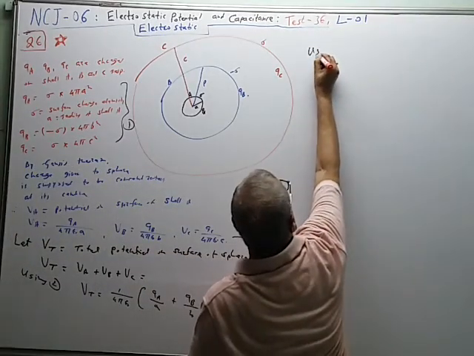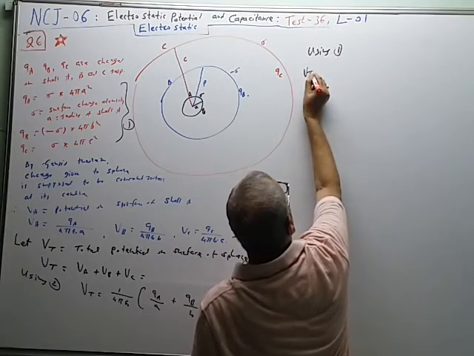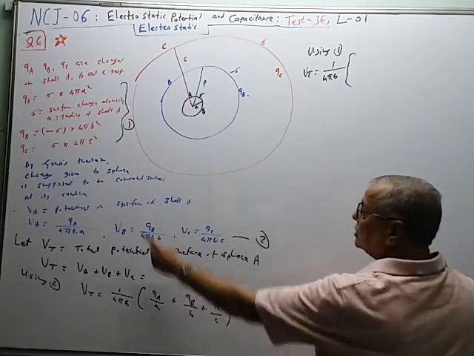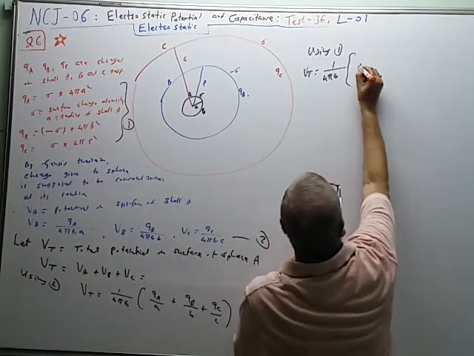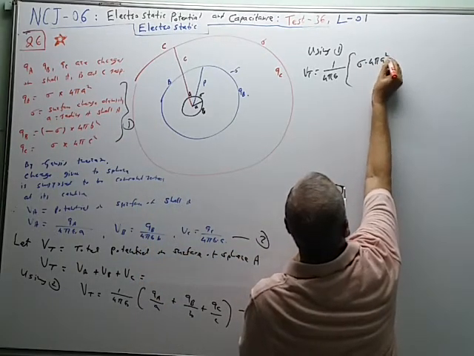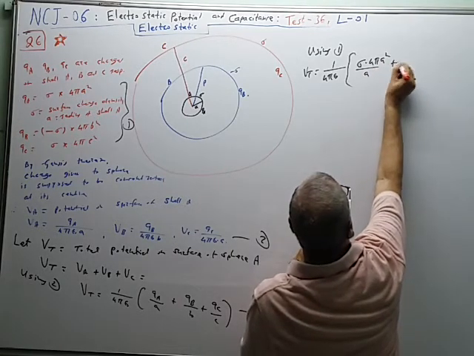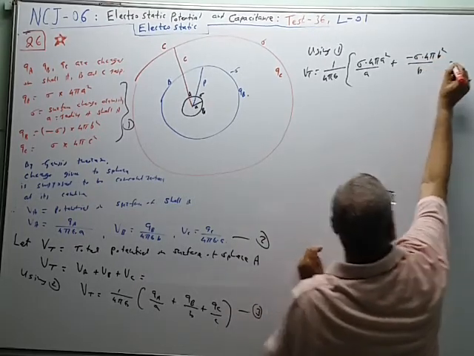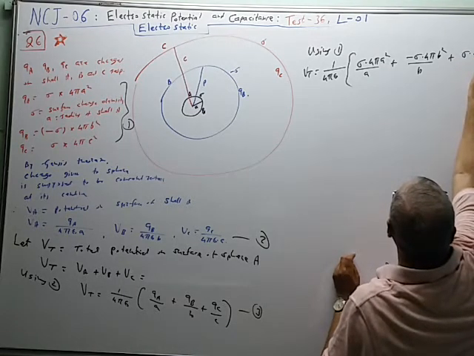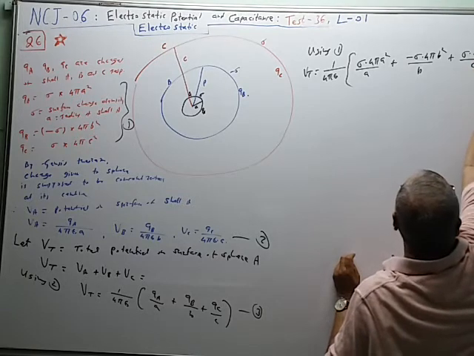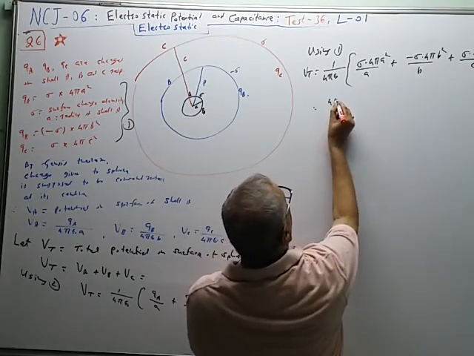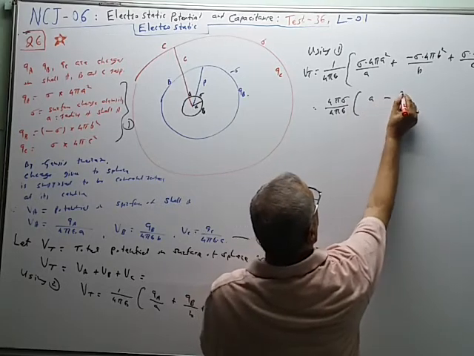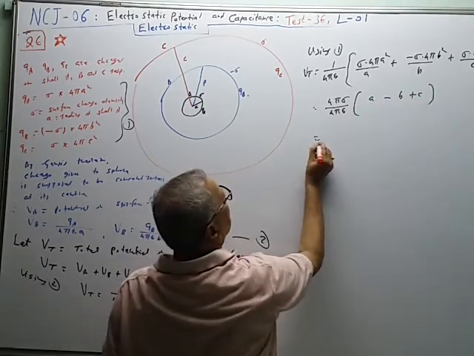Using 1, total potential Vt is equal to 1 upon 4 pi epsilon naught into bracket, sigma 4 pi A square upon A plus minus sigma 4 pi B square upon B plus sigma 4 pi C square upon C. So 4 pi sigma common inside the bracket, A minus B plus C. So 4 pi cancel.